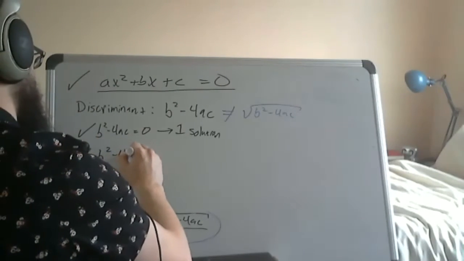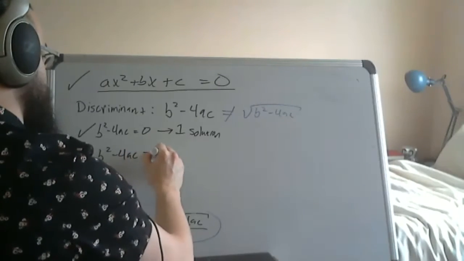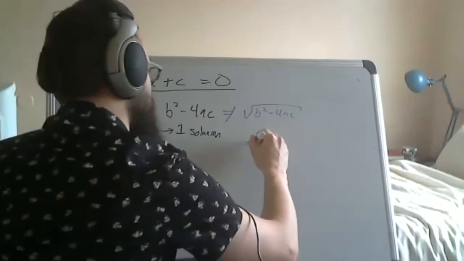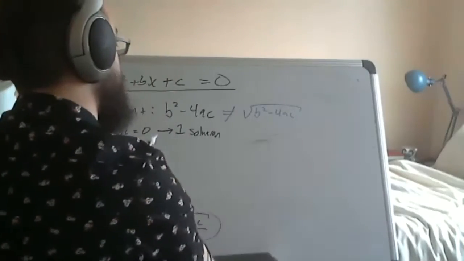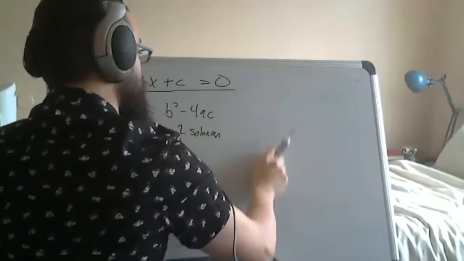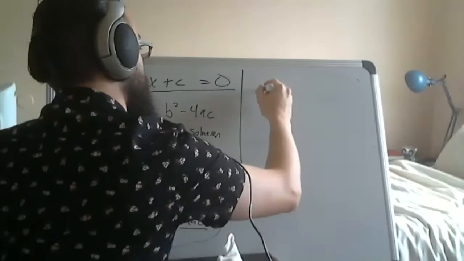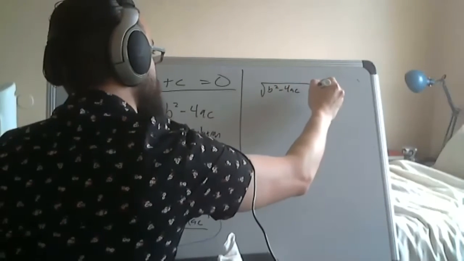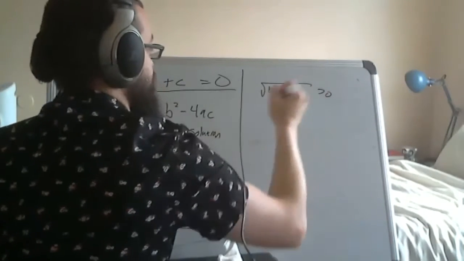But if b squared minus 4ac actually equals something and is greater than 0, then this actually becomes a number. This whole thing is greater than 0.